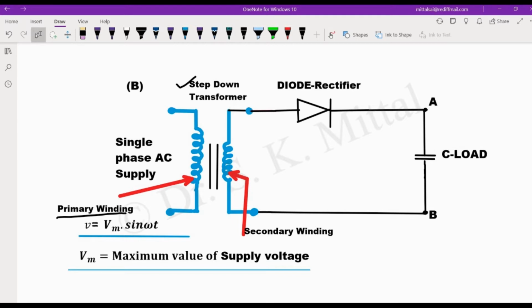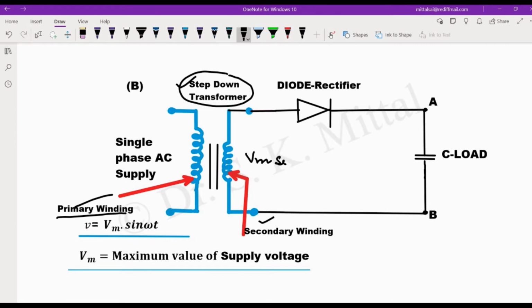Sometimes low voltage DC is required, hence a step-down transformer is used. The main supply of single phase is directly connected to the primary winding of the transformer, whereas the diode rectifier is connected to the secondary winding.